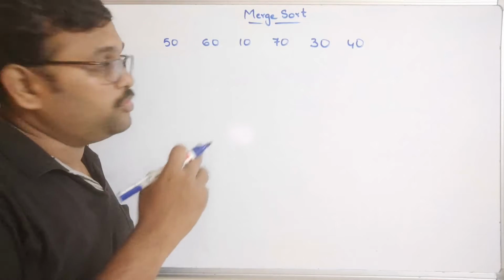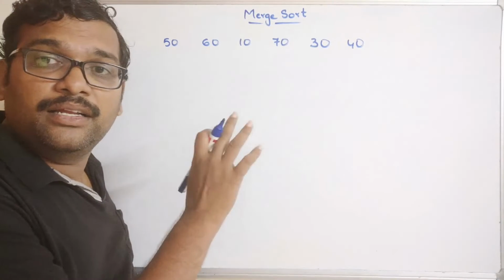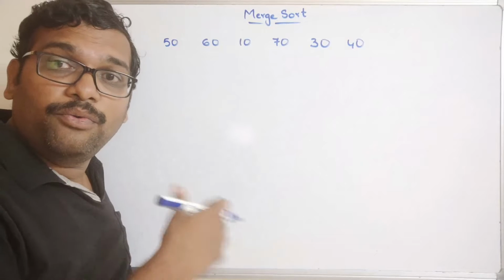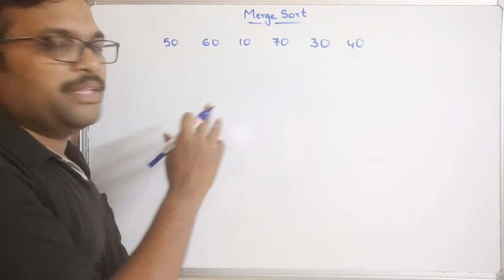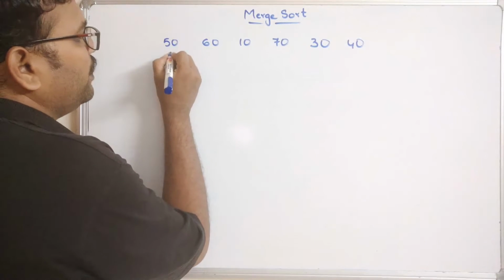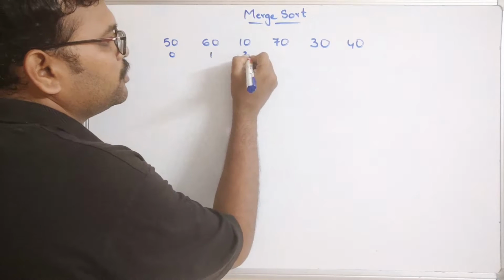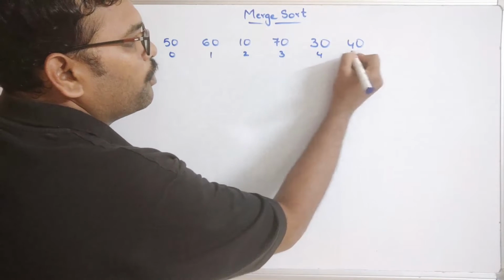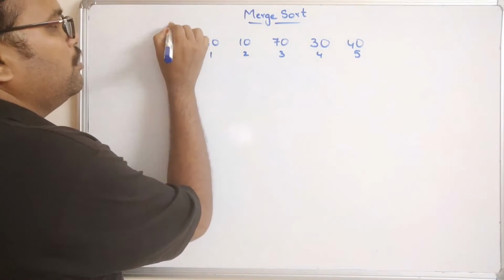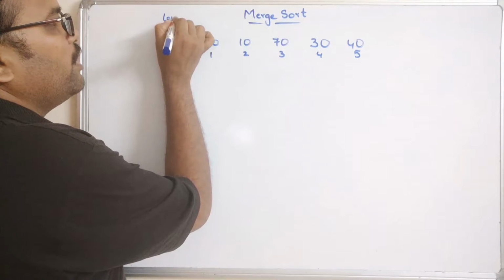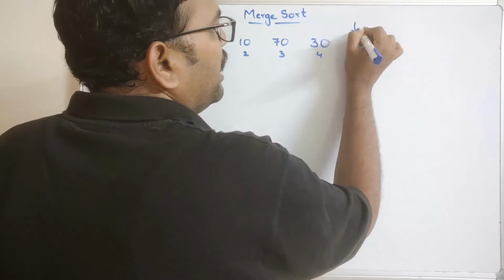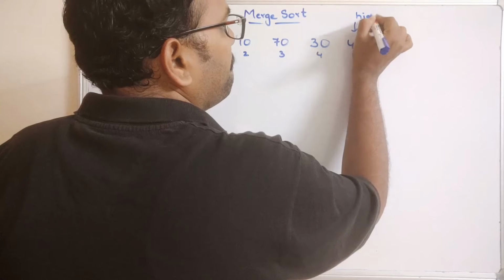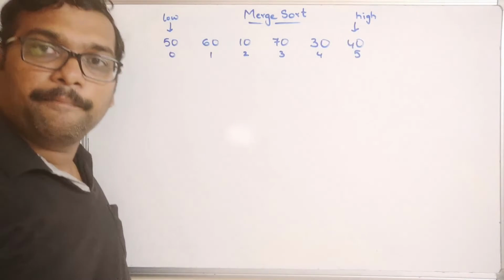We know that these elements are not in sorted order, so we have to arrange them in sorted order. Initially we'll write the index values 0, 1, 2, 3, 4 and 5. We will represent the first index as low and the last one as high.